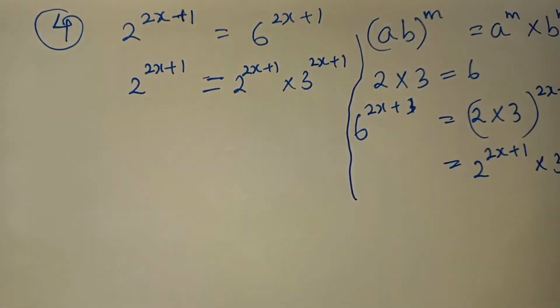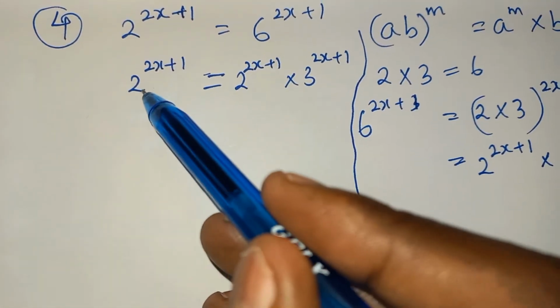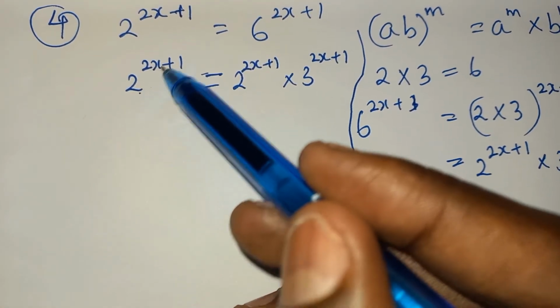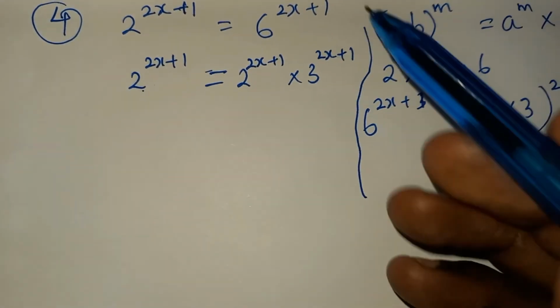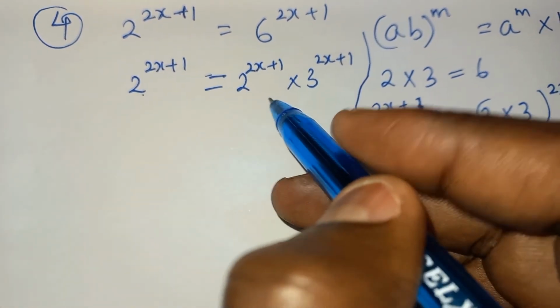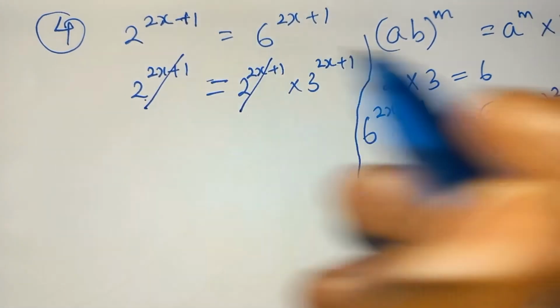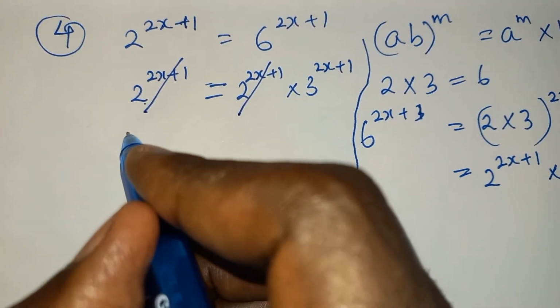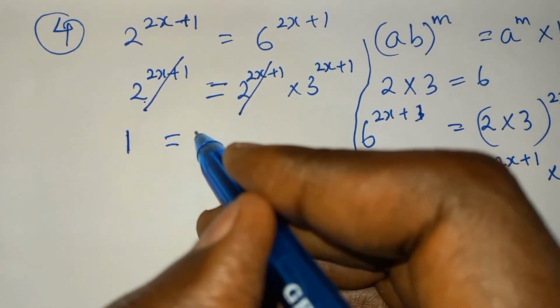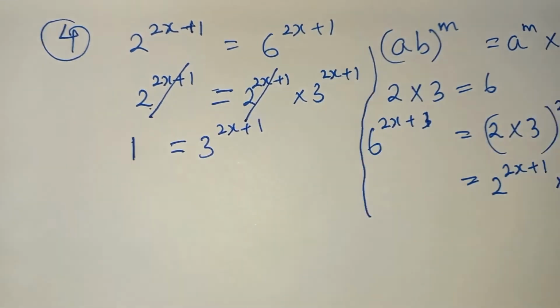Now, since these two are equal, you will realize that 2 raised to the power 2x plus 1 is common to both sides of the equation, meaning we could actually cancel them so that we have 1 is the same as 3 raised to the power 2x plus 1.